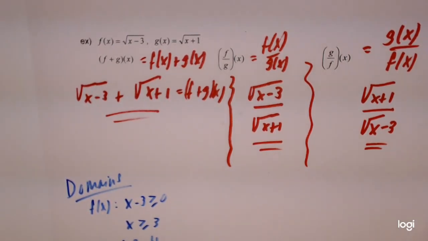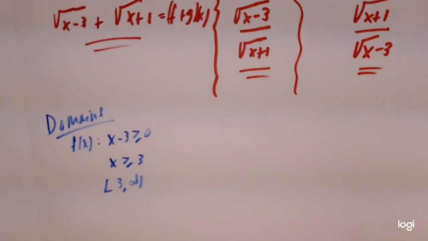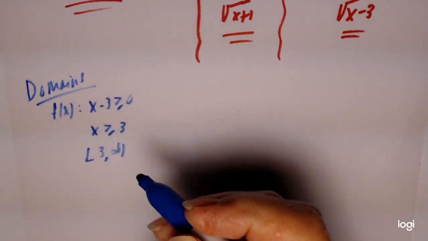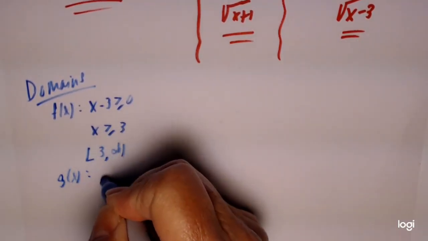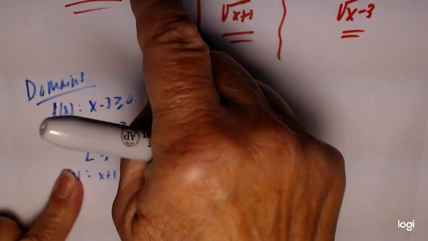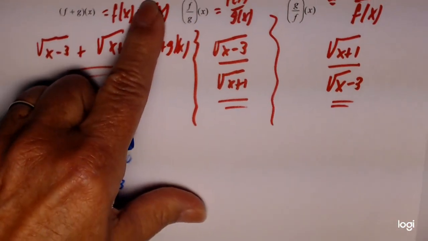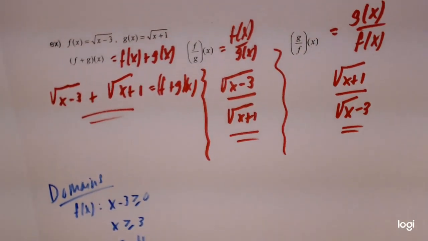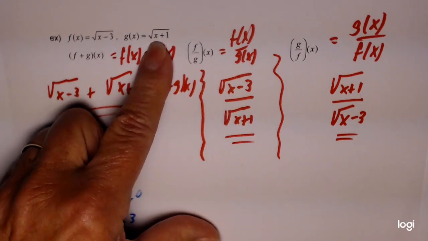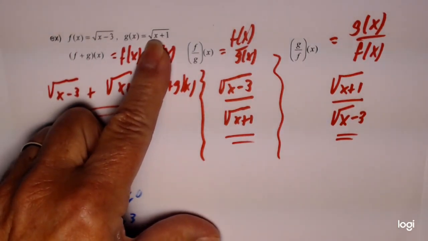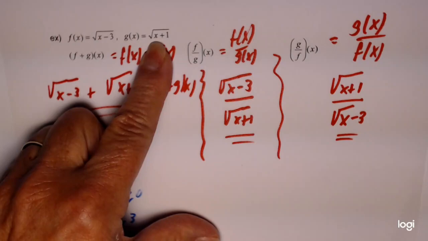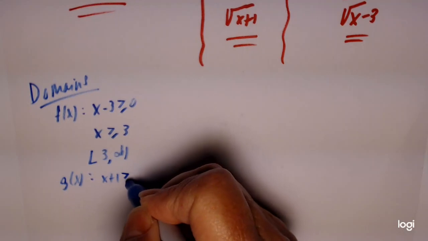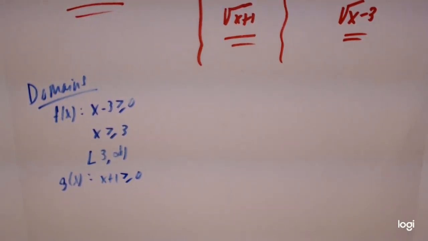Now let's take a look at our g of x. For g of x, we have x plus 1. What's under the square root, x plus 1, has to be greater than or equal to 0.